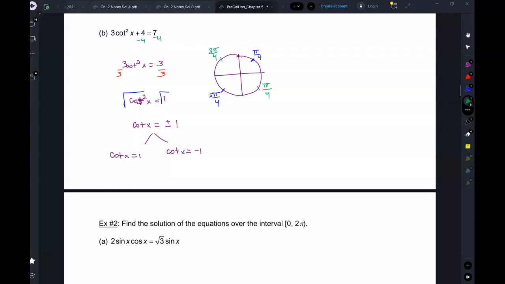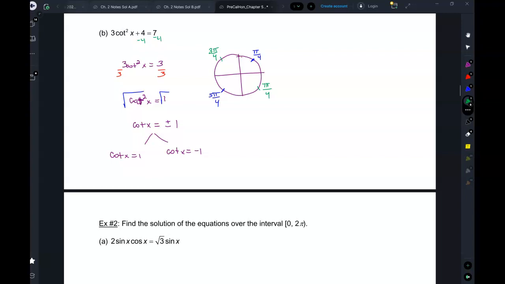Okay. But now look. Instead of saying pi over 4 plus 2 pi n, 3 pi over 4 plus 2 pi n, you basically want to find a pattern in how often this answer repeats.